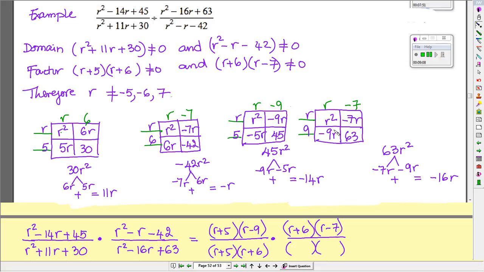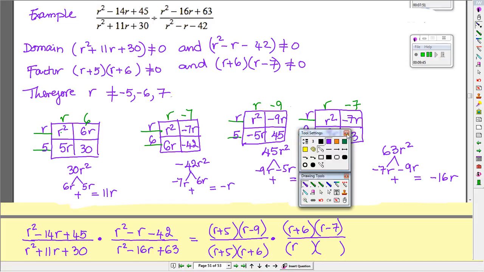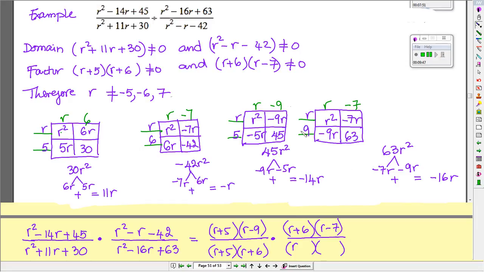Now sometimes you have to go back and check just to make sure that you found the correct answer. So before I begin, I'm just going to check it quickly. So r times r is r squared. r times negative 7 will be negative 7r, good. 9 times r will not give us negative 9r, so I have to put the negative here.